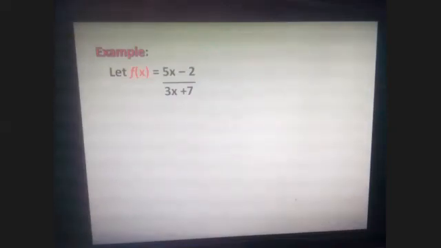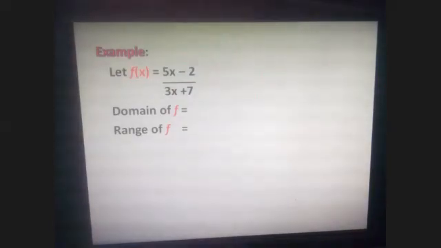Can anyone tell the domain? Now what will be the domain of this function? Nothing to worry, denominator should not be 0.